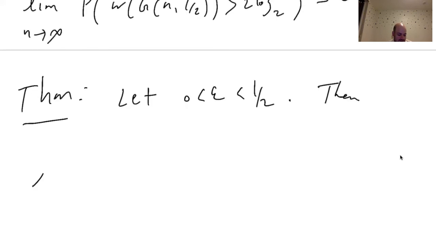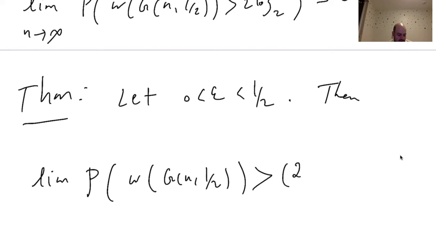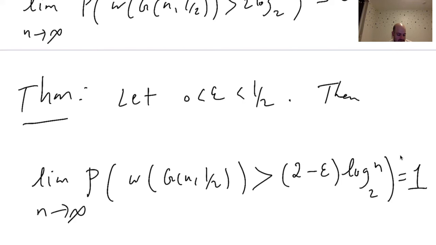Then the limit of P of omega of G of n, 1/2 bigger than 2 minus epsilon times log n in base 2, is equal to 1 this time as n goes to infinity.